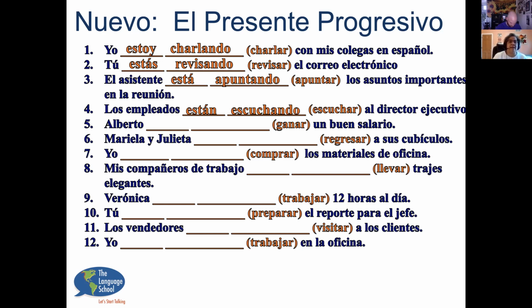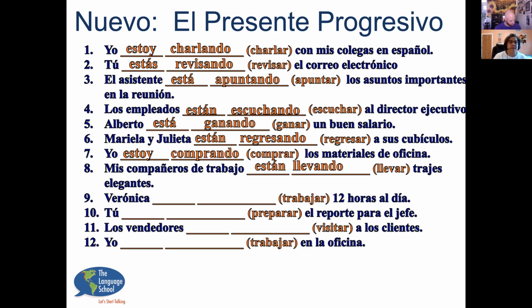Alberto está ganando un buen salario. Mariela y Julieta están regresando a sus cubículos. Yo estoy comprando los materiales de oficina. Mis compañeros de trabajo están llevando trajes elegantes.